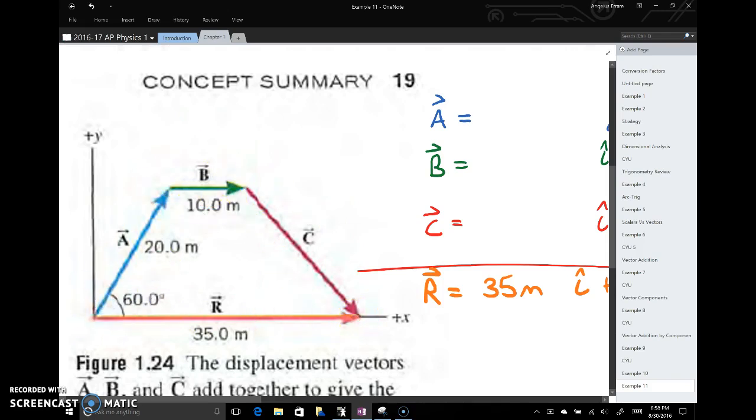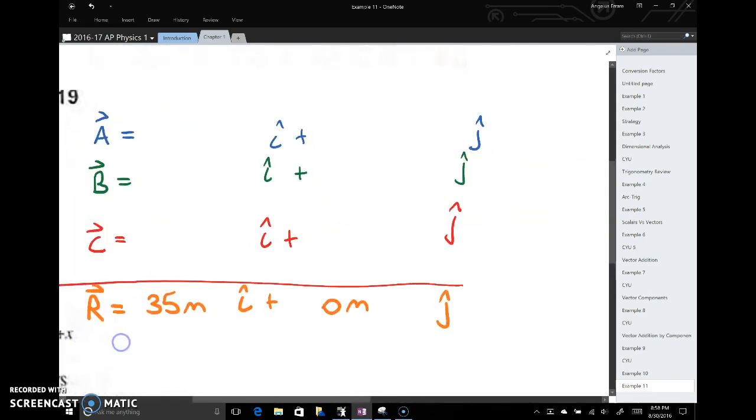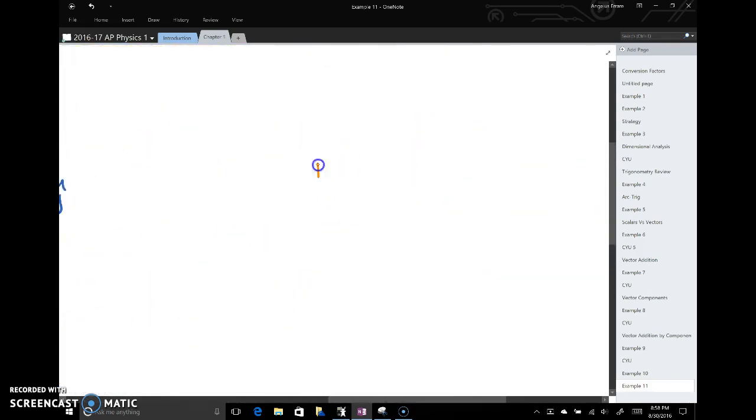So here's how we're going to do this. Think of this as a basic algebraic expression where we've got a plus b plus c equals r, and you were given the values of a and b and r, and we need to find c.